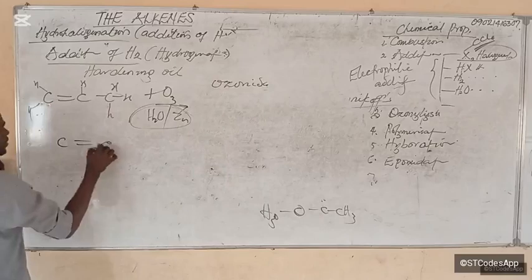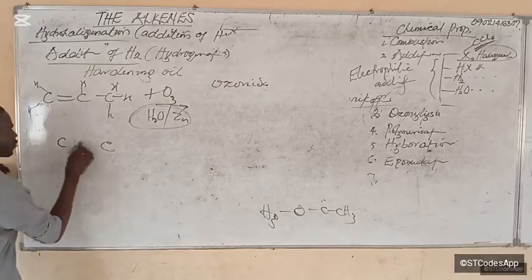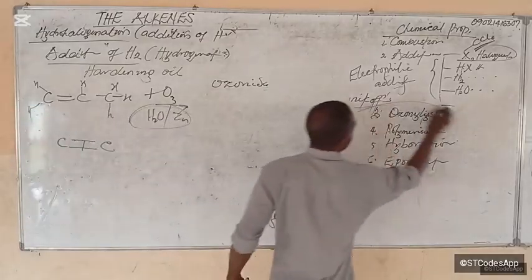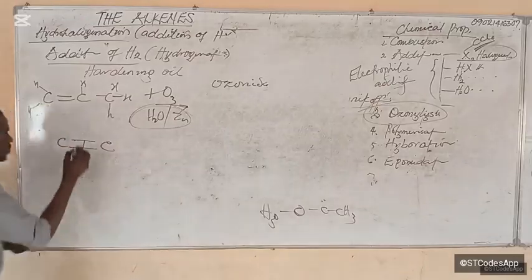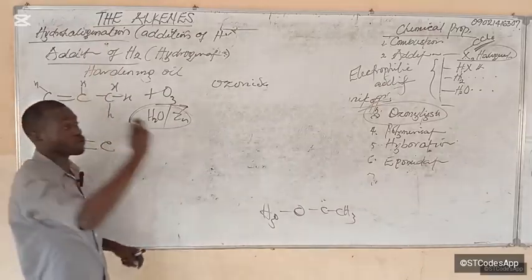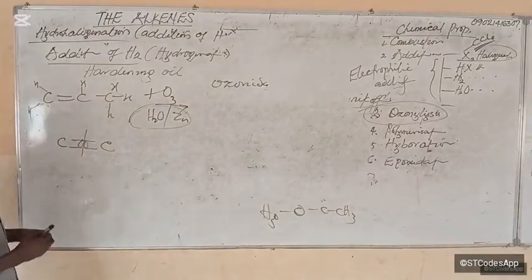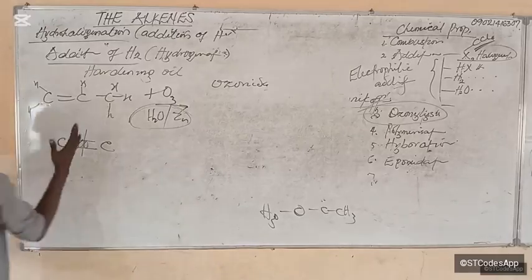Okay, I'm going to draw what that looks like, but let me show you how to draw it. When you have a particular alkene like this and you want to ozonolize it, ozonolysis is breakage by ozone, right? So you want to break this bond and put O here and O here. Whatever you have here is what you have there.